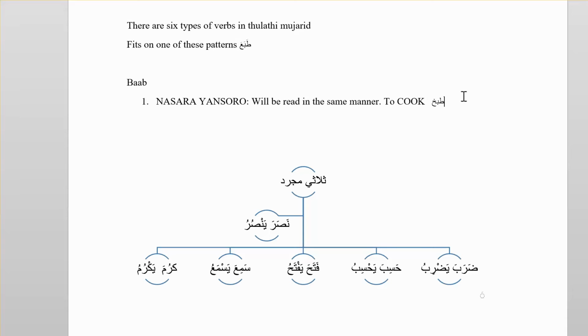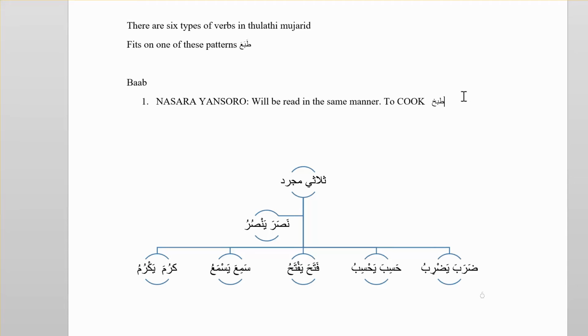And what are they? They are Nasara yansuru, number 1. Daraba yadribu. Next, hasiba yahsibu. Fataha yaftahu. Sami'a yasma'u. Karuma yakrumu.